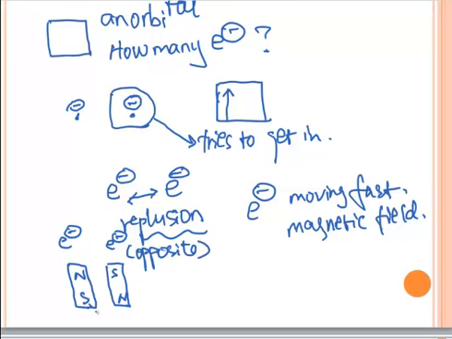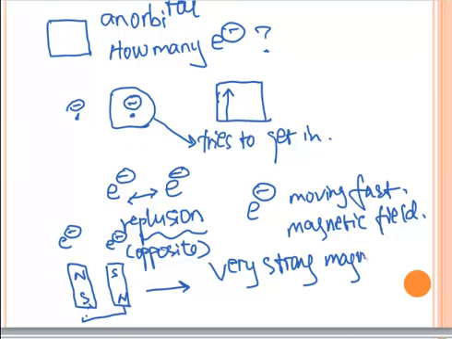So this is going to be a very strong magnetic attraction. This strong magnetic attraction can actually overcome the repulsion between the charges and put the second electron onto the same orbital.